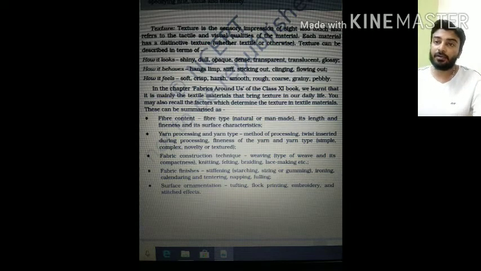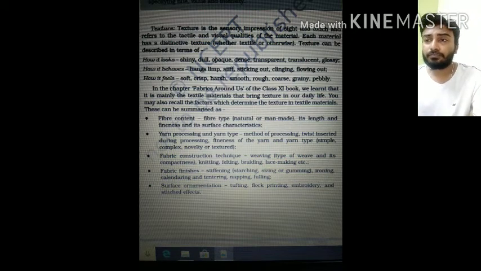These are the different ways in which a fabric is felt. When you touch the fabric, you can feel it as soft, crisp or harsh.